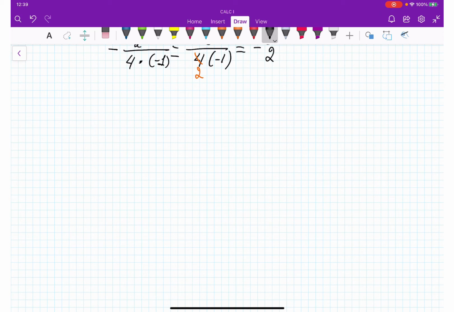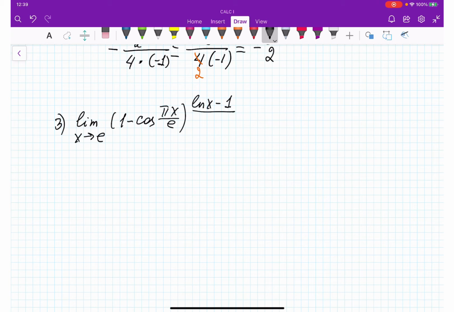Next, limit x approaches to e. We have 1 minus cosine pi x over e, to the power natural log x minus 1 over x minus e.